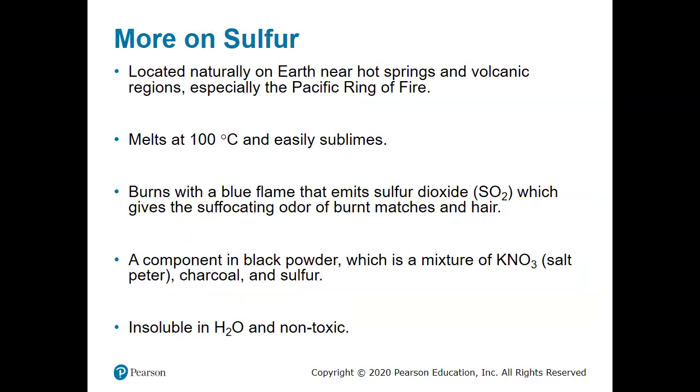Some things we know about sulfur. Naturally, we can find it in lots of places on Earth, especially near hot springs, especially near places where there's known volcanic activity. So most common regions for that are places like Hawaii, like volcanic islands, other places in that Pacific Ring of Fire, where there again is known volcanic activity.